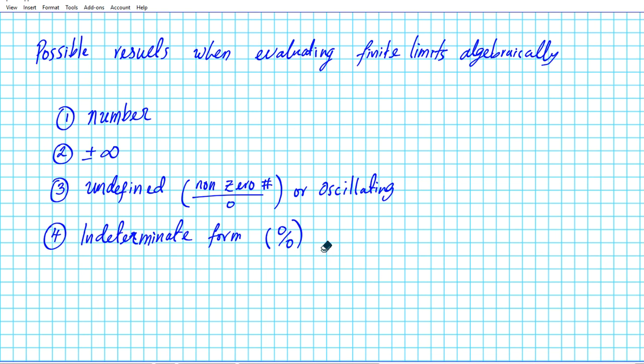Now, if you have an indeterminate form, how do you evaluate the limit? We're going to be looking at three methods in today's presentation. The first method you could use is algebraic manipulation. It could be trigonometric manipulation too, so algebraic or trig manipulation.